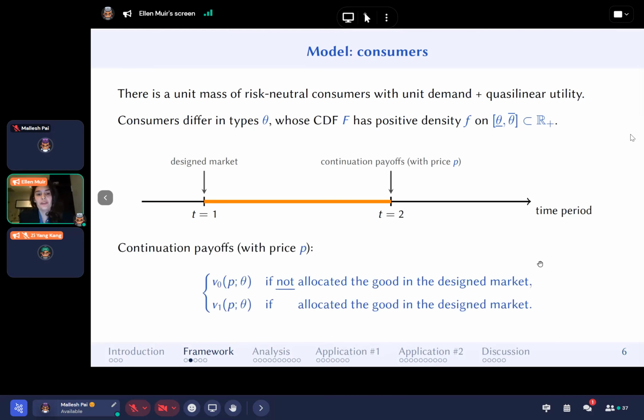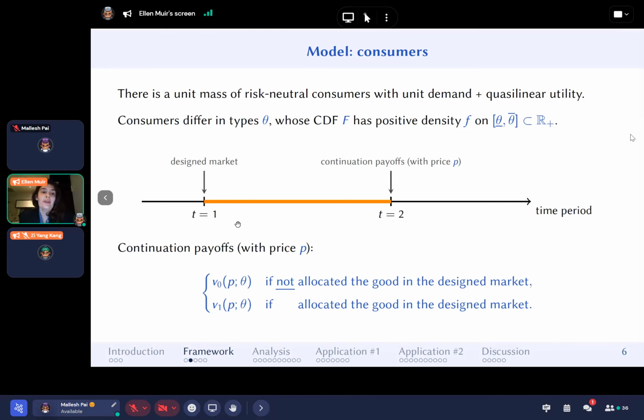We're going to use this V0 notation to denote the continuation payoff as a function of both the aftermarket price p and the type theta for a given agent if they are not allocated the good in the designed market. And V1, again a function of the aftermarket price p and the type theta of the agent, is the payoff if the agent is allocated the good in the designed market.